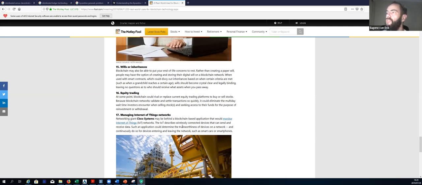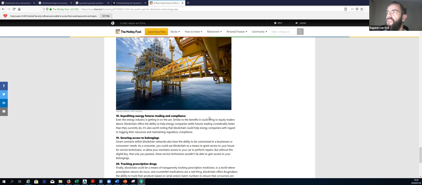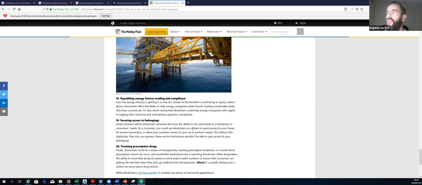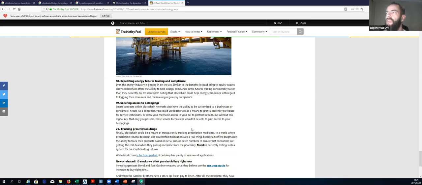I'm not even going to go into the Internet of Things, but that is where devices and appliances talk to one another on a regular basis, maintain themselves, flag maintenance issues, so that proactive maintenance can be done, etc. Right, expediting energy futures, trading and compliance, securing access to belongings, and tracking prescription drugs. Right, so that is a couple of interesting items that I wanted to discuss.